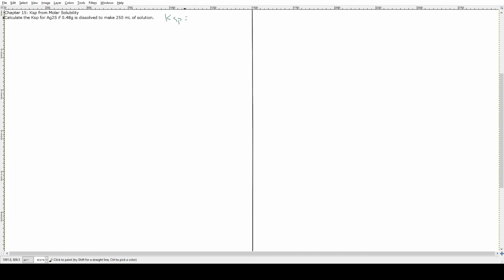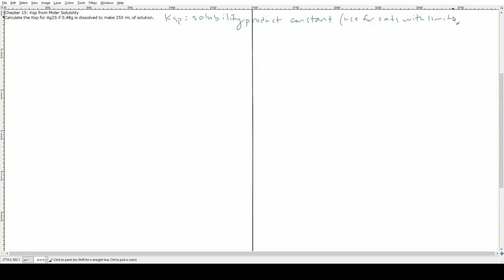KSP is the solubility product constant. It involves salts that have limited solubility in water.